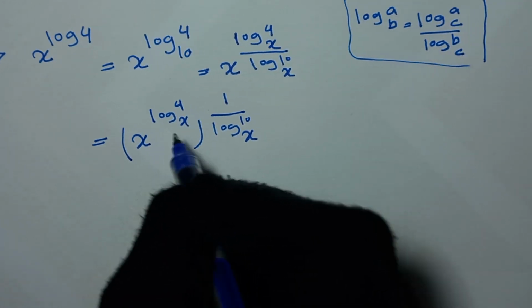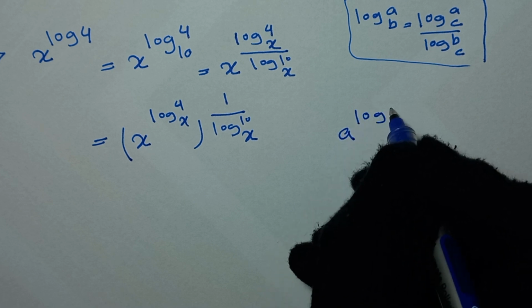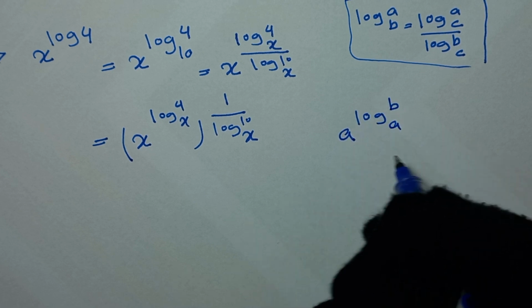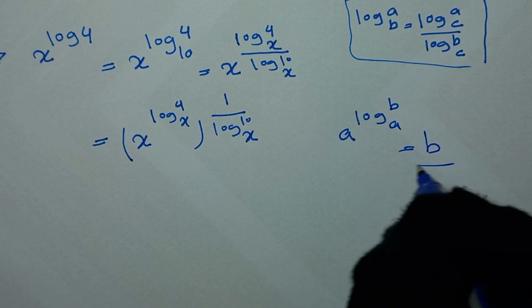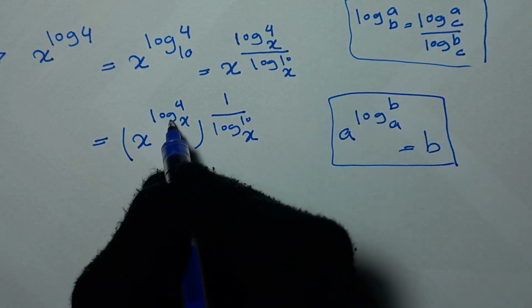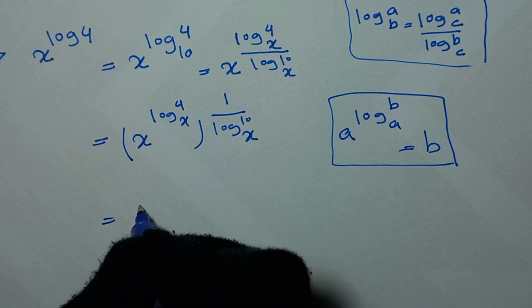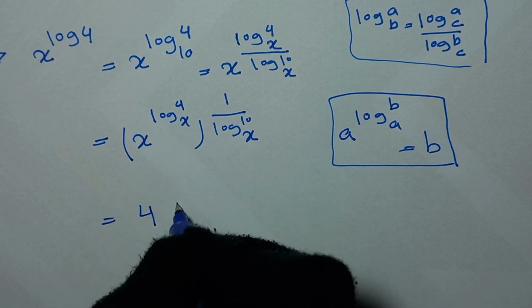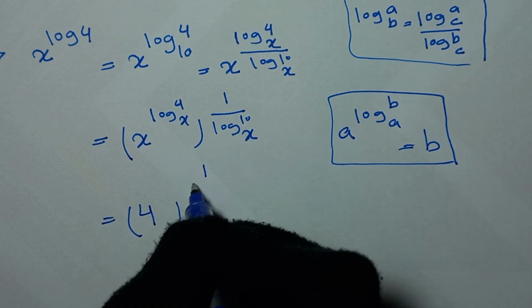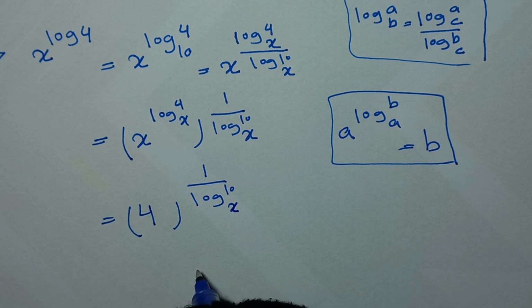So in here, we have x to power of log of 4 to base x. And from log rules, if we have a to power of log of b to base a, this is equal to b. So x to power of log of 4 to base x is equal to 4, right? So 4 to power of this, 1 over log of 10 to base x.